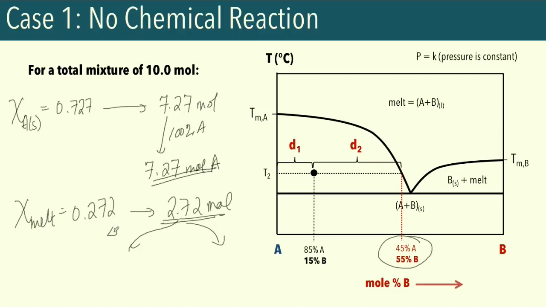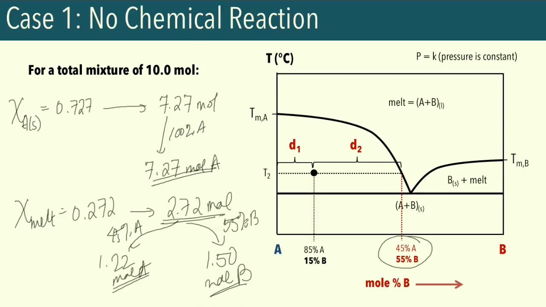We know that we have 45% A, so 45% of 2.72 moles is equal to 1.22 moles of A, and we also know that we have 55% B, so 55% of 2.72 is 1.50 moles of B.